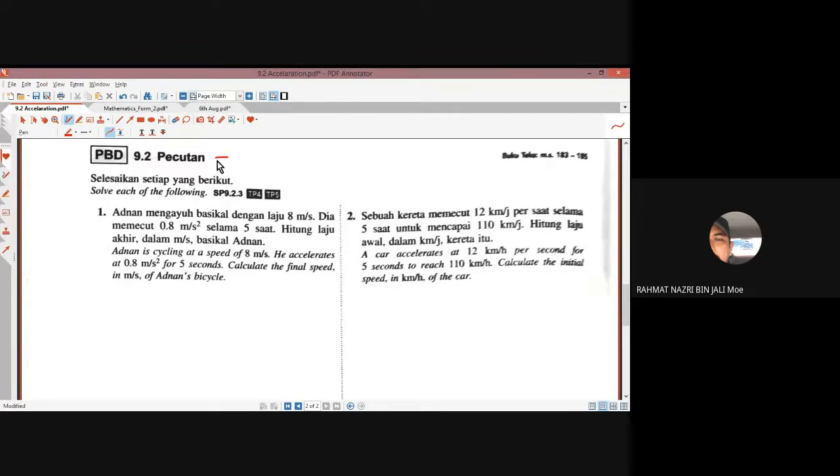Pecutan or acceleration is equal to the change. Okay, this is a symbol of change of speed divided by time taken. Question number 1.